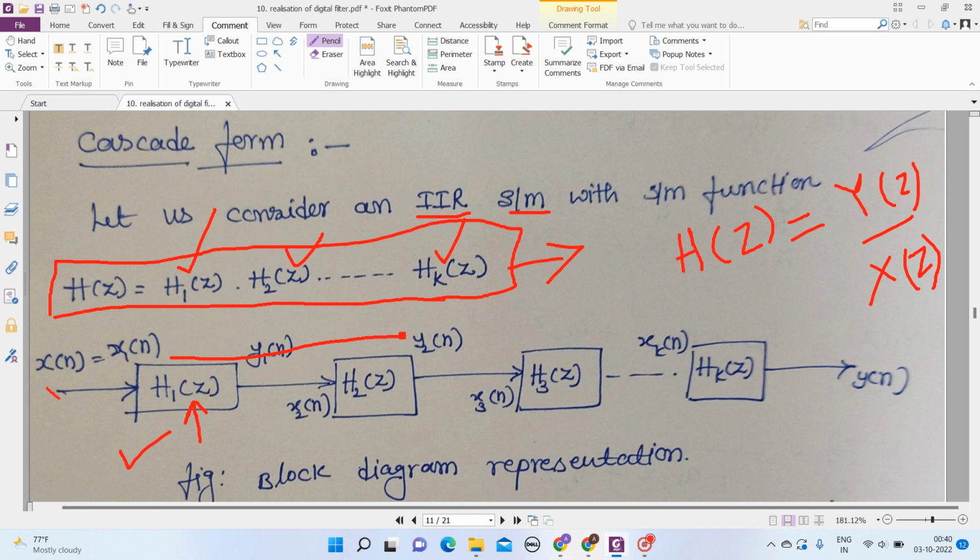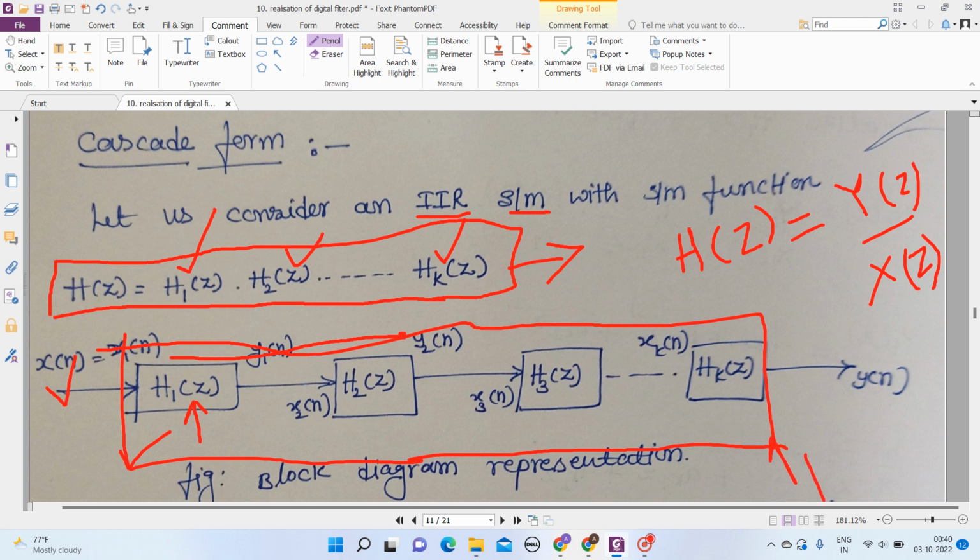Here x(n) is our input. This is the overall transfer function H(z), which is a system function, and y(n) is the output of H(z). In H(z) we have different transfer functions or system functions, H1(z), H2(z), H3(z) up to Hk(z).